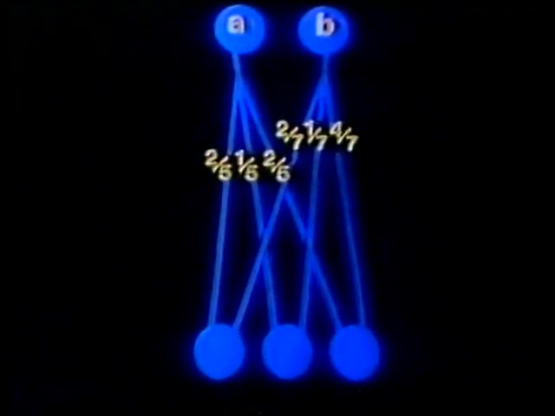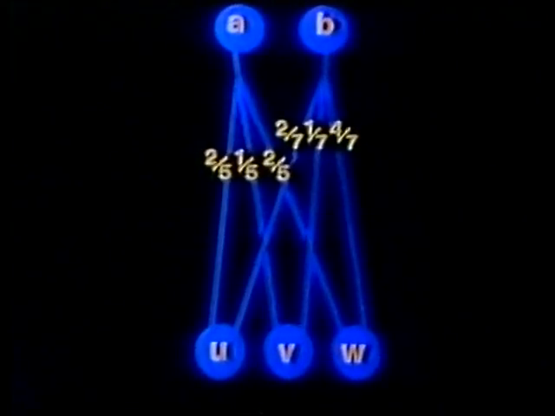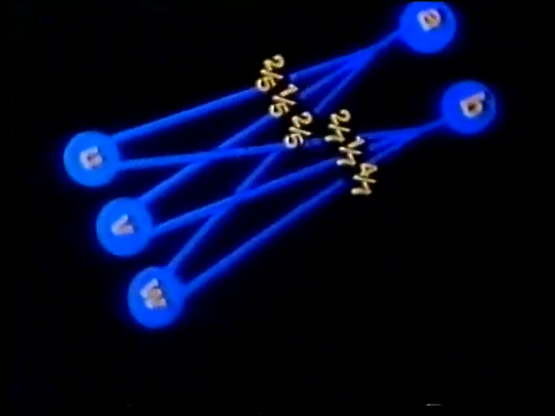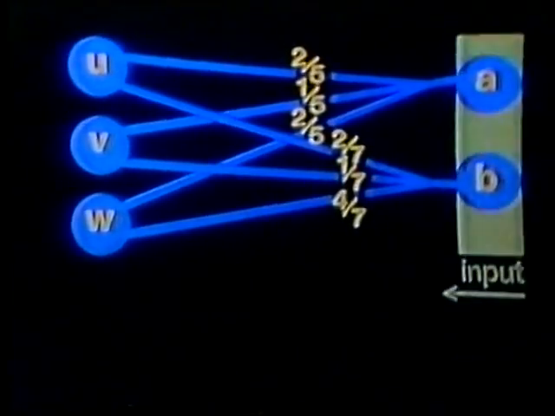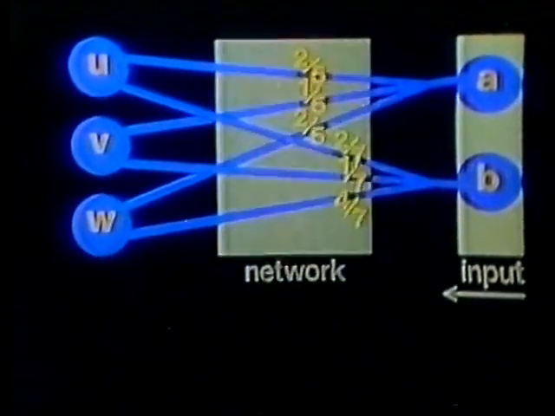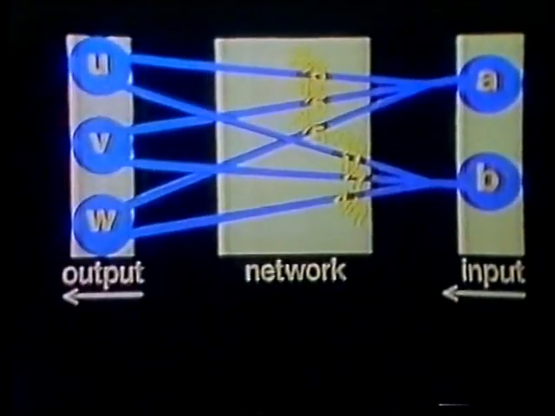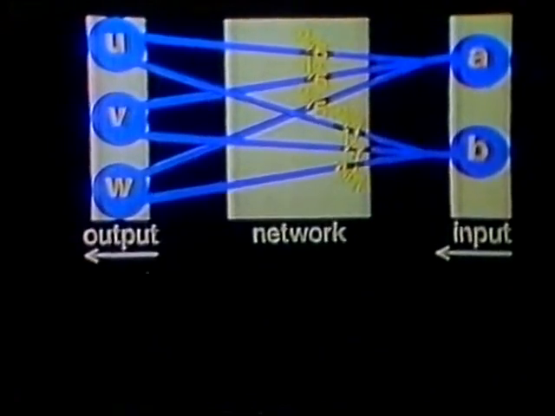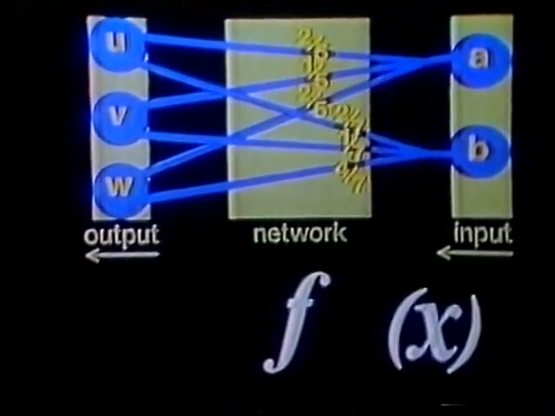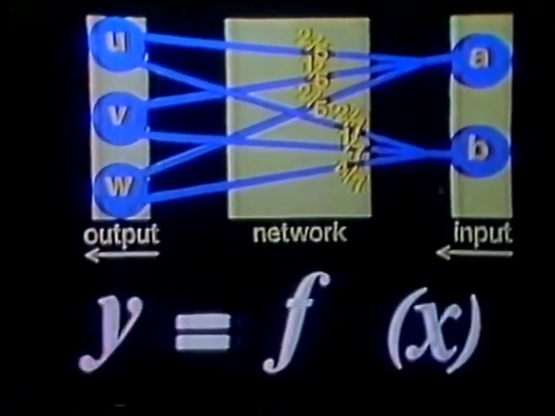And let's call the output quantities U, V, and W. To see the analogy with functions, turn the network on its side. So now, our input is on the right, being acted on by the network to produce the output. The analogy here is with a function f acting on an input x to produce an output y.